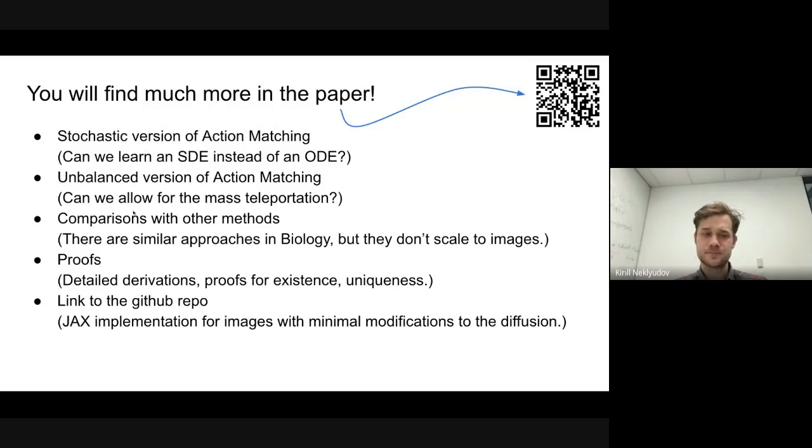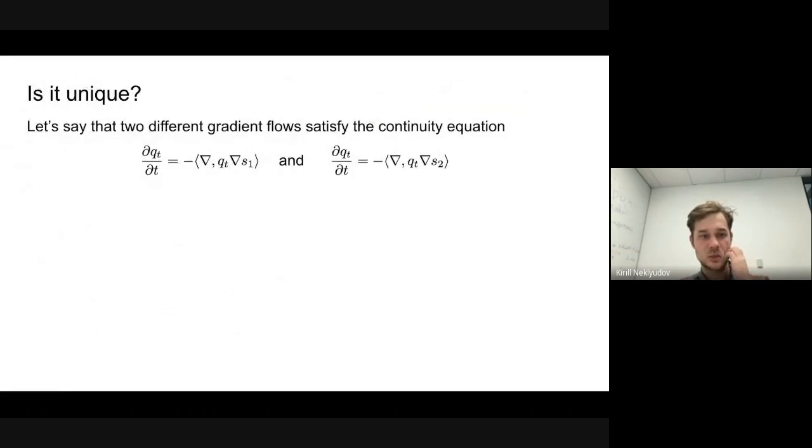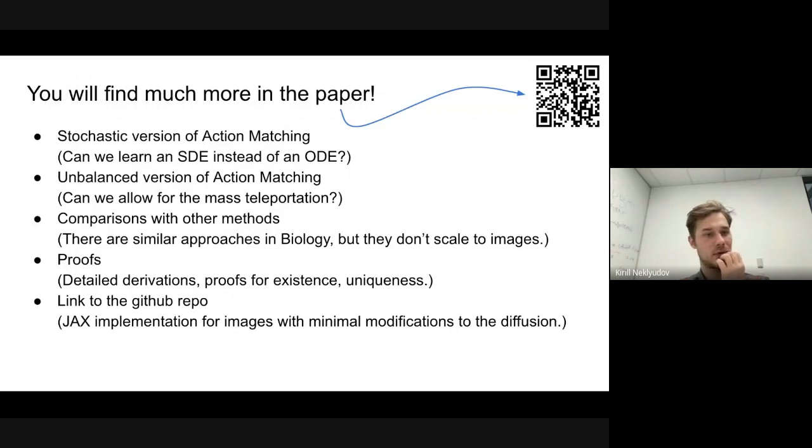In the methods, we put detailed derivations, and also a link to the JAX implementation for images. I also have a couple of slides that we can discuss on uniqueness, these Wasserstein things, if you would like.